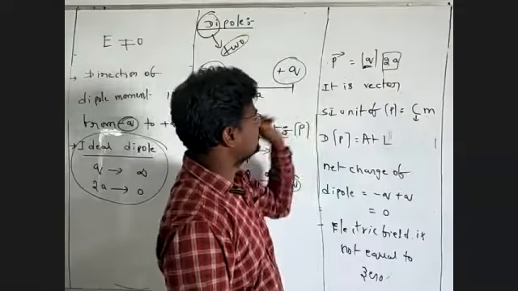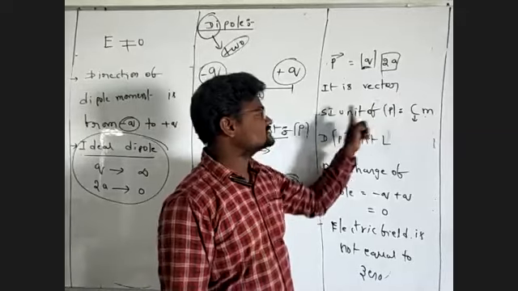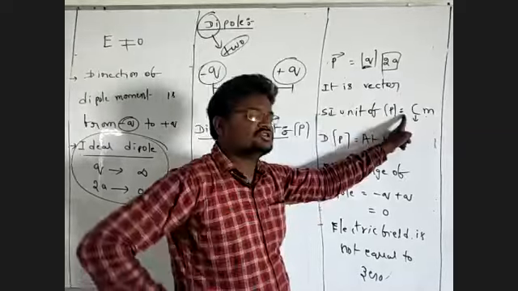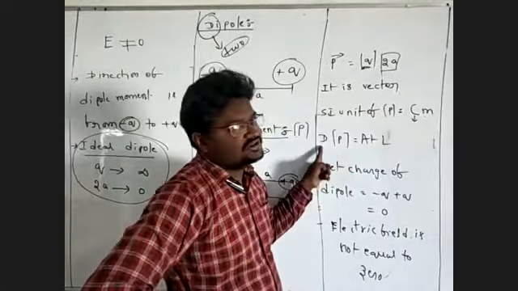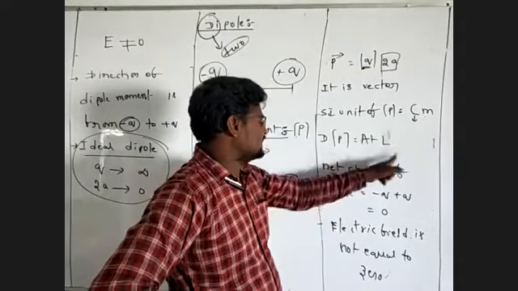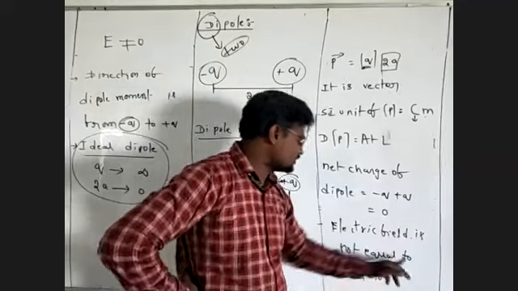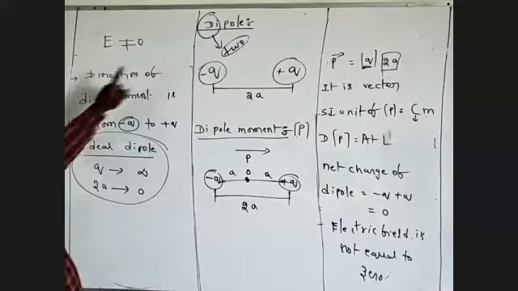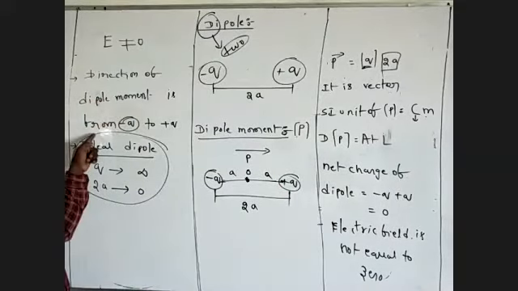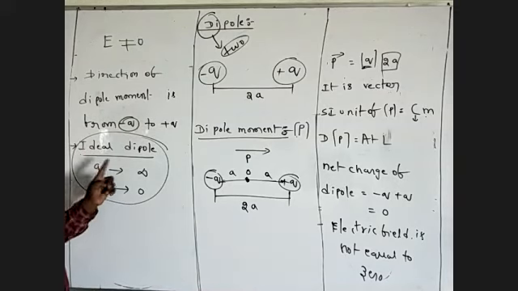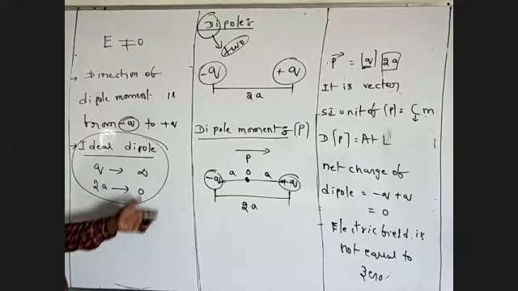It is a vector, the unit is coulomb meter, and the dimensional formula of P is ATL. The net charge of the dipole is 0, but the electric field is not equal to 0. The direction of dipole moment is always from negative to positive. For an ideal dipole, Q is infinity and 2a is equal to 0.